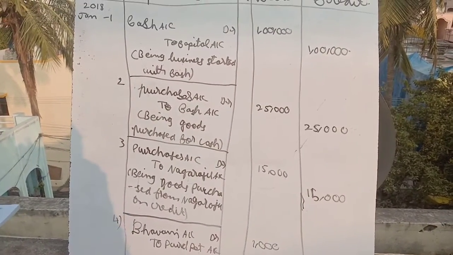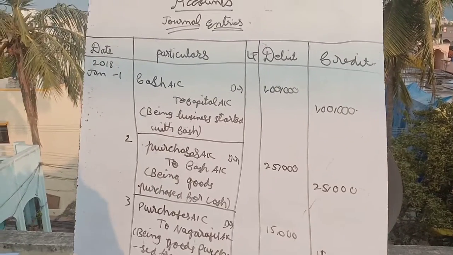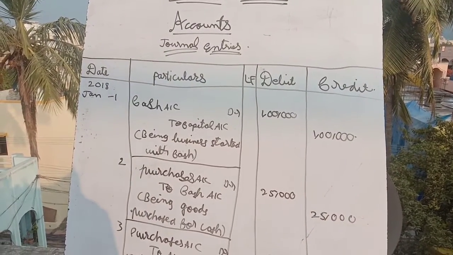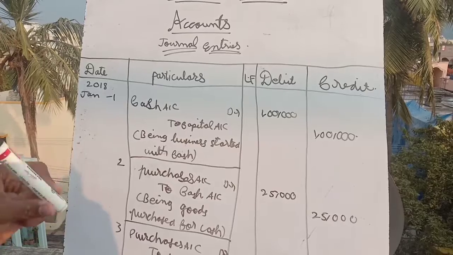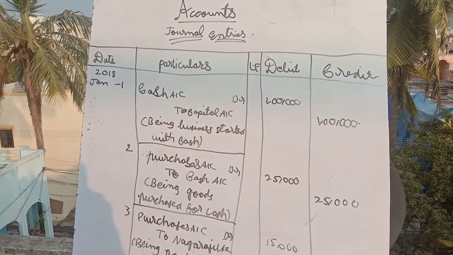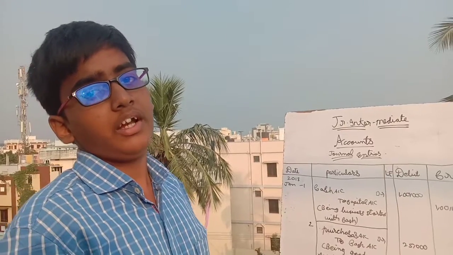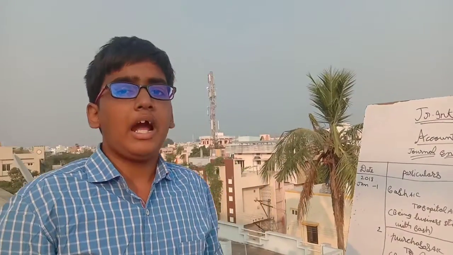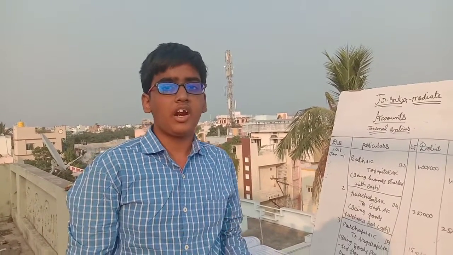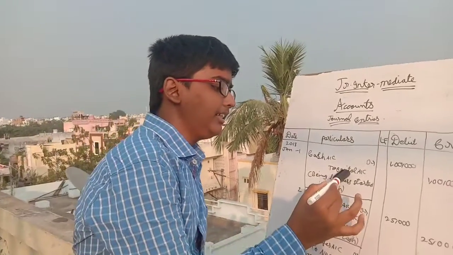Let's check. The first transaction is Sharma started business with cash rupees 1 lakh on 2018 January 1st. We should not credit Sharma account, even though he is giving, but we should credit capital account, because capital and drawings are two representative accounts of the commencer, the starter or the proprietor of the business. That's why we have credited capital account.